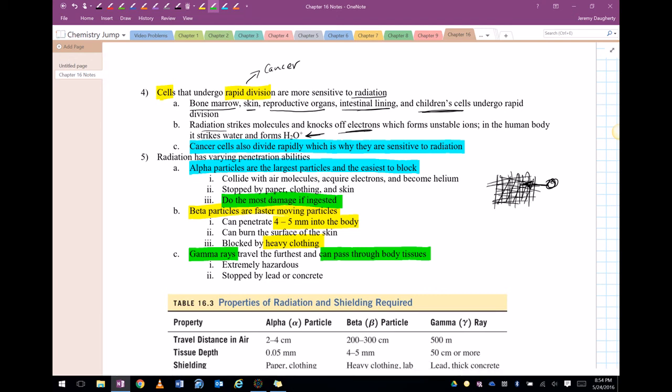This can be stopped by lead or concrete, so now we're talking about some much more dense material. Think about the last X-ray that you had, and of course they used lead to protect the parts that weren't getting X-rayed, because lead is going to block everything, including gamma rays.